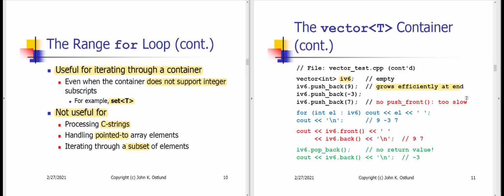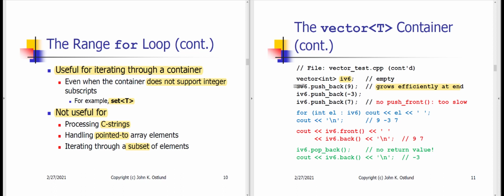They don't grow and shrink efficiently from the front. So we can put values at the back of a vector and take values from the back conveniently. We cannot use a similarly convenient function for doing things at the front of the vector, precisely because dealing with values at the front is slow.